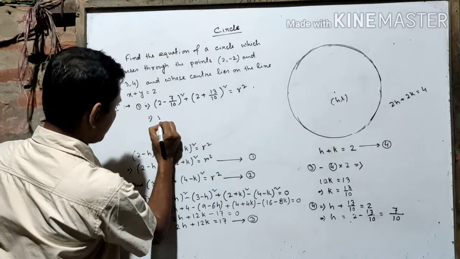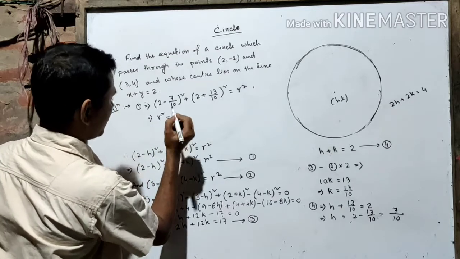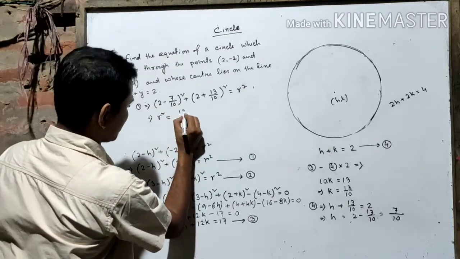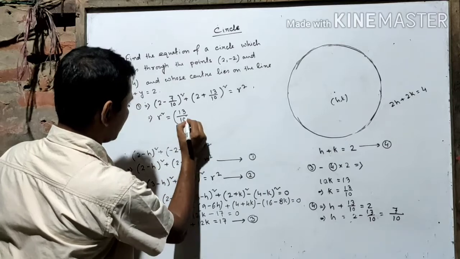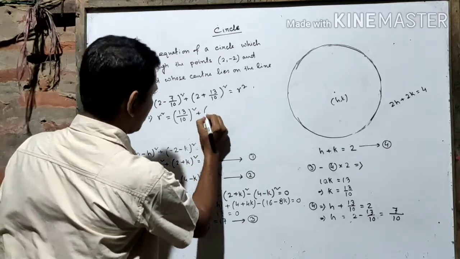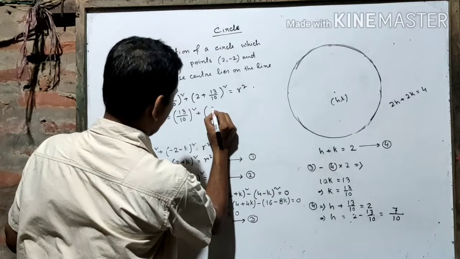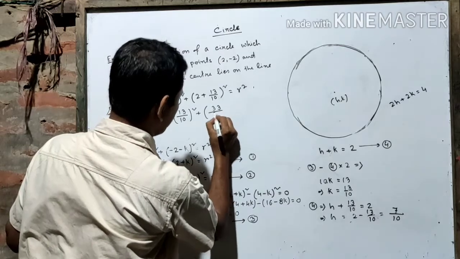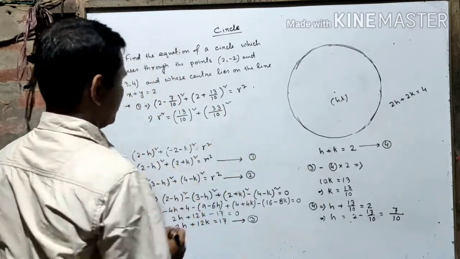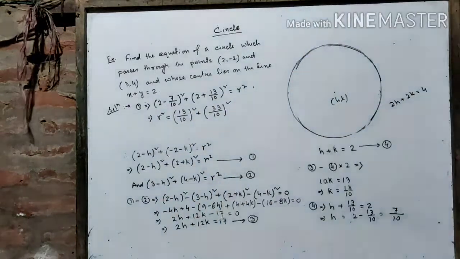This implies r square is equal to 20 minus 7 is 13 by 10 whole square plus 33 by 10 whole square.